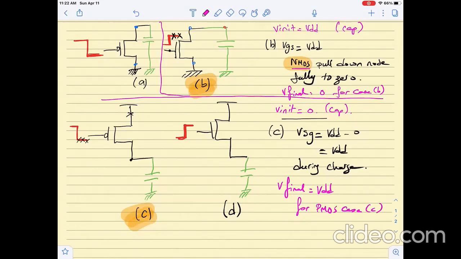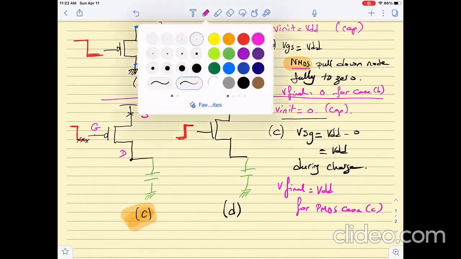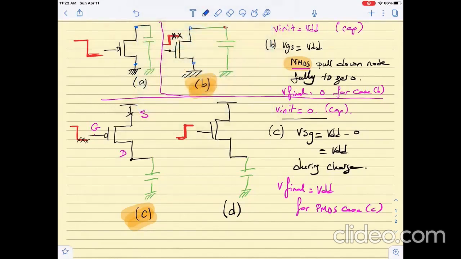So a PMOS pulling up, its source is at VDD, its gate is at 0, it will not be disturbed, it will be able to pull up the drain node all the way to VDD. The same here, an NMOS pulling down, its source is at 0, its gate is at VDD, and so it will be able to pull the drain fully to 0.